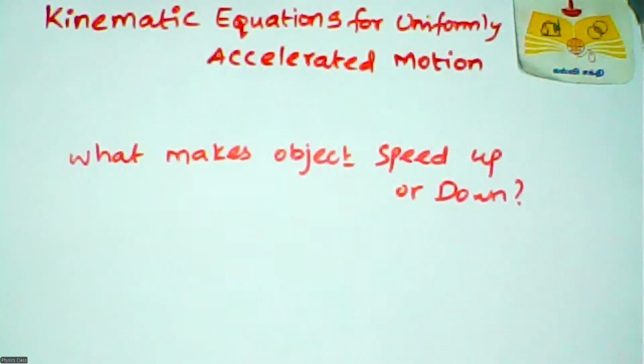Is there any principle behind that? You can unmute yourself and tell the answer. What do you think about that question? What makes objects speed up or slow down? Any answer?